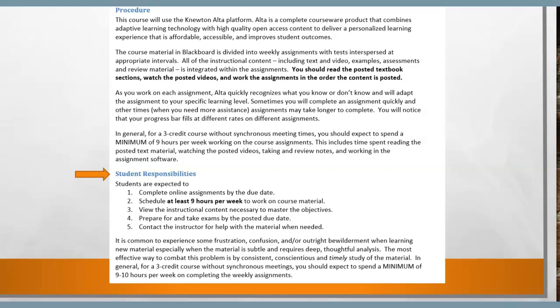In general, for a 3-credit course without live meeting times, you should expect to spend a minimum of 9 to 10 hours per week working on the course material. This includes time spent reading the assigned textbook sections, watching the posted videos, taking and reviewing notes, and working on the homework assignments.